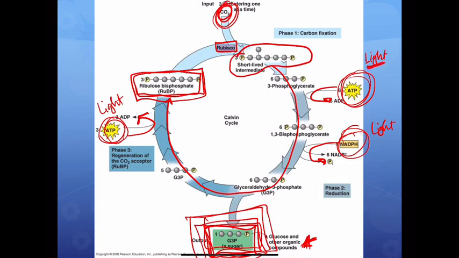That energy comes from the light, which we harvested in the form of ATP and NADPH in the first step, the light reaction cycle. And so now we're using that energy to make the G3P, okay? And the faster we can do this Calvin cycle, the more CO2 we can bring in, the more G3P that can be made. Okay?